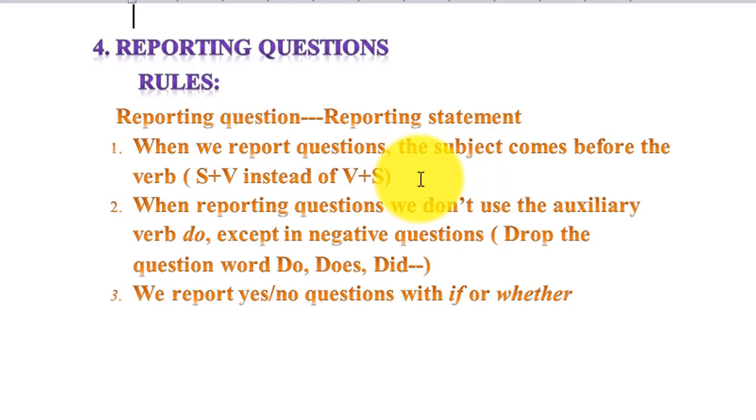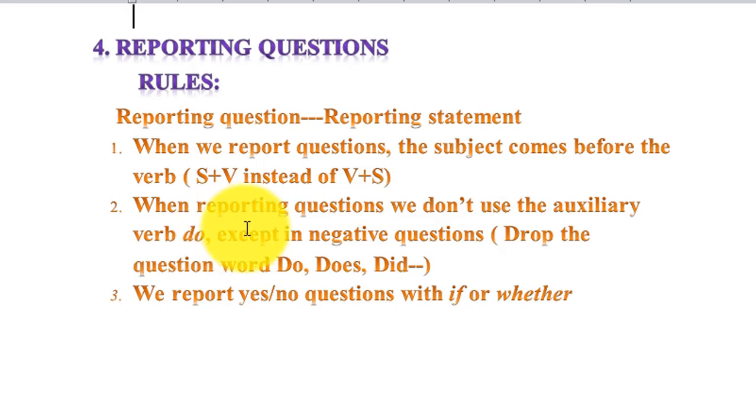This is the structure given for a yes or no question, so whenever we report it into a reported statement it will be the inversion of the yes or no question structure. We make it subject plus verb structure because our aim is to convert the question into a statement.